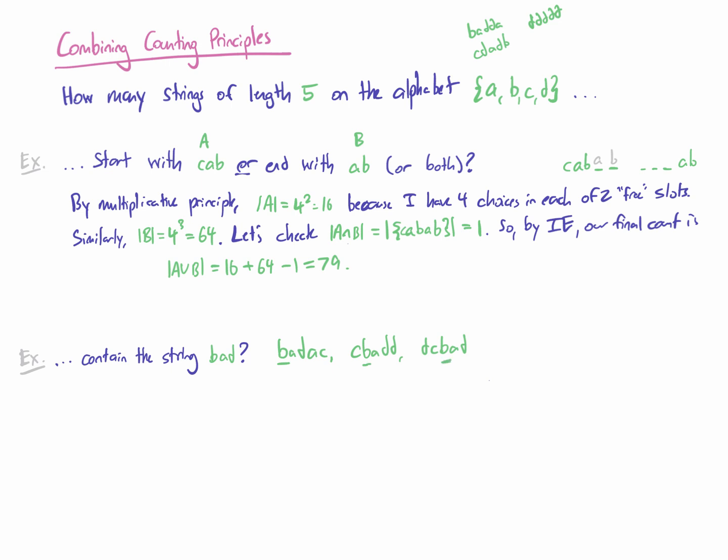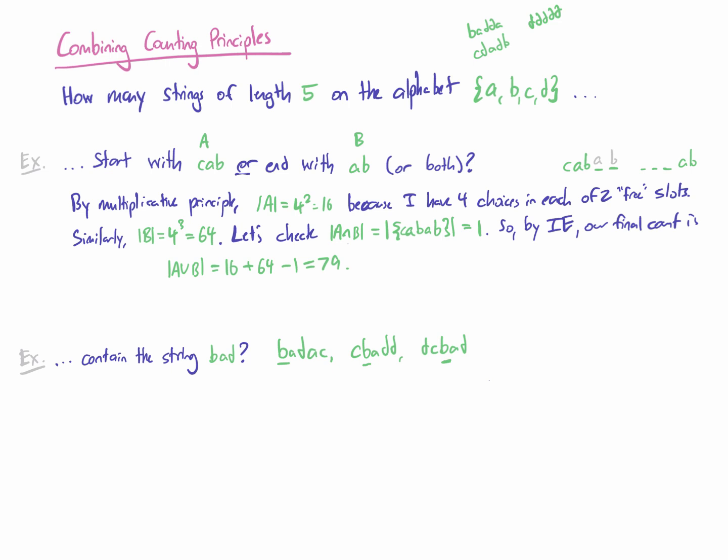I can't put it any later than the third slot because then the A and the D wouldn't fit in a string of length 5. So I have 3 disjoint choices of where to put the B, and I'm going to use the addition principle.